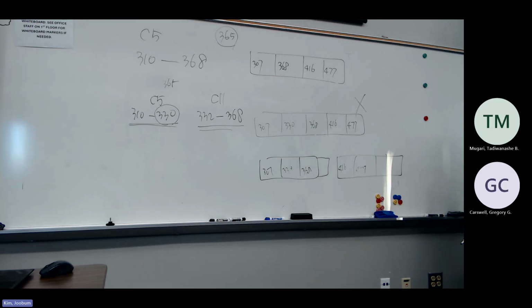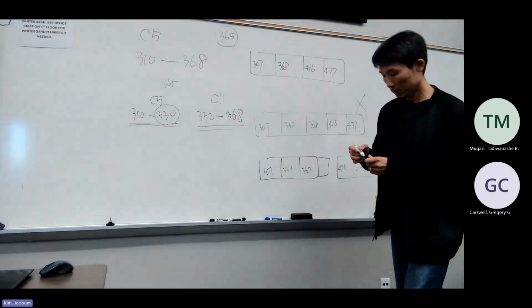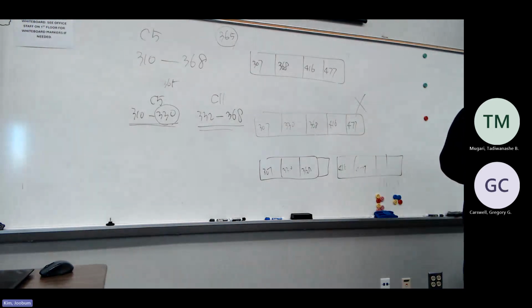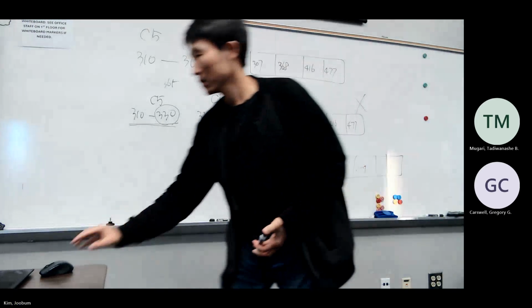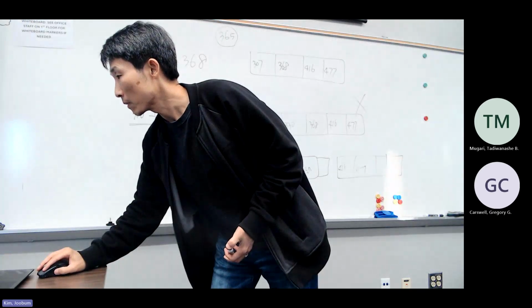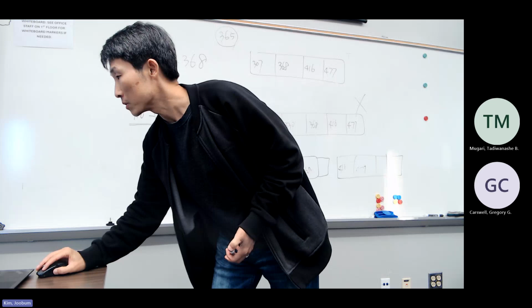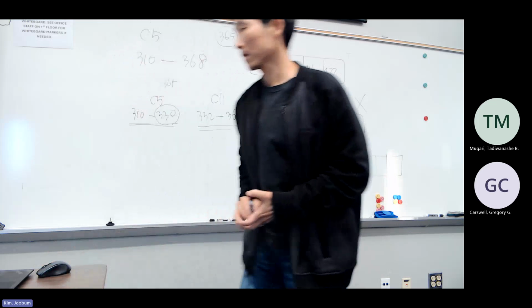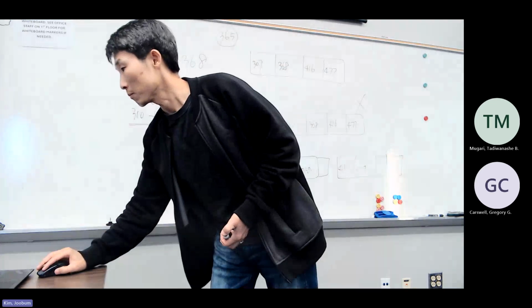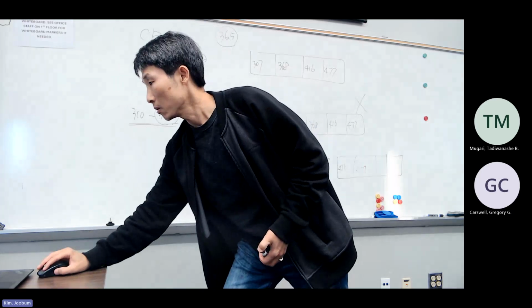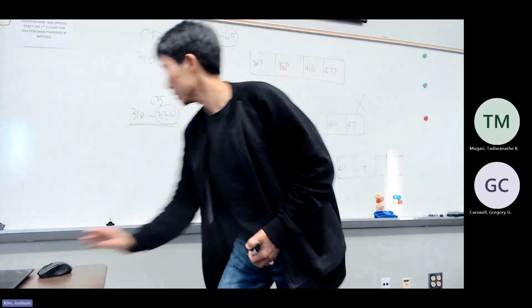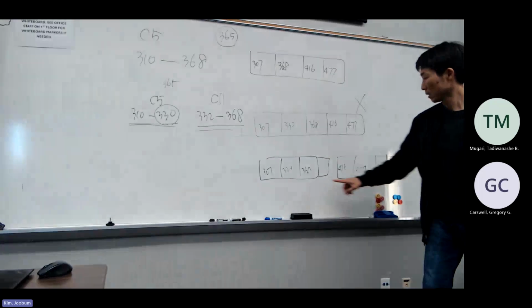Make sense? So the last thing we have to handle, how about the root? 253, 477, 641 in the previous example. But this node is split into 2 parts.